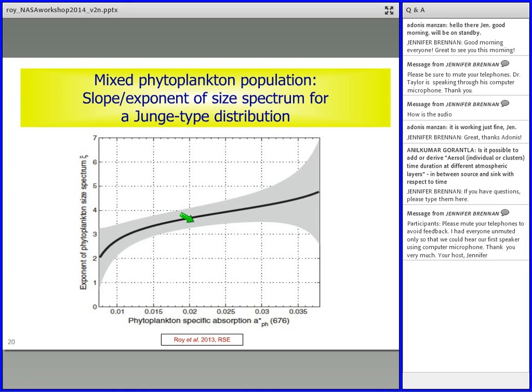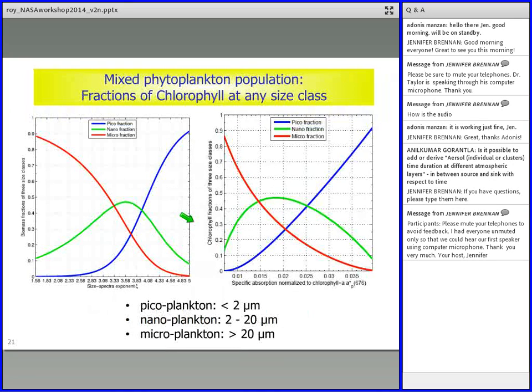Once we calculate the specific absorption spectra, and then once we calculate the phytoplankton size spectrum, this can then be related to compute the concentration of chlorophyll at any given size class. And in this case, I show here 3 specific size classes: pico, nano, and micro.